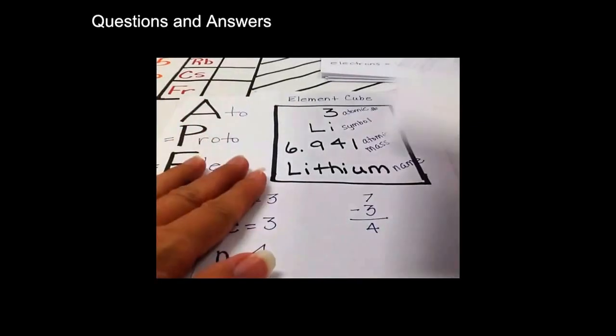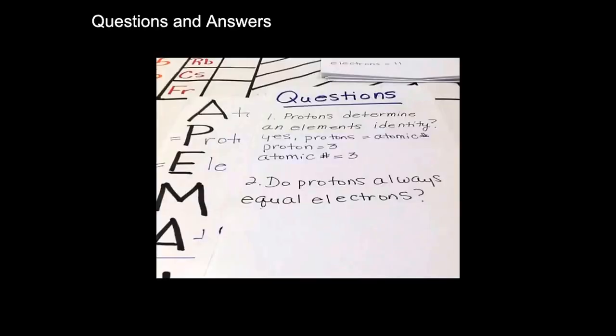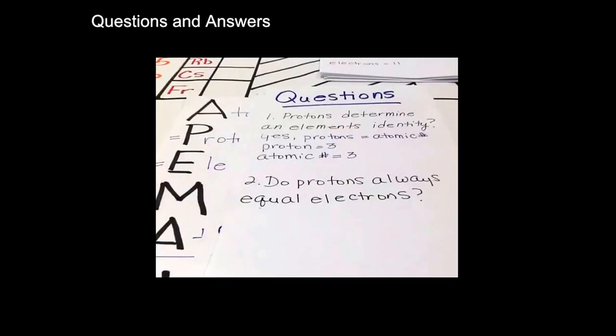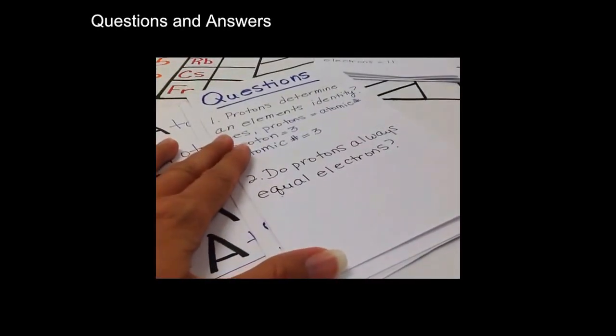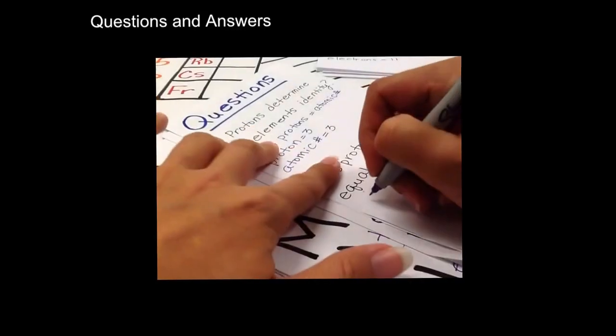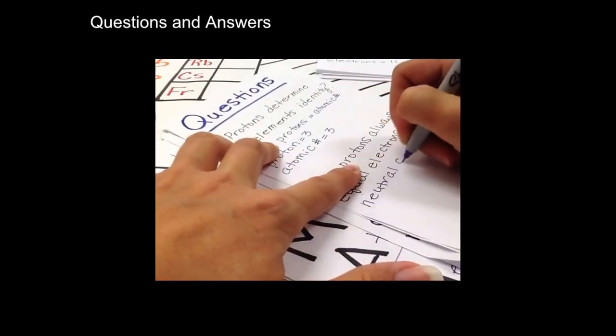Second question. Do protons always equal electrons? The answer to this is a little bit more complicated. If we look at the elements on the periodic table, then the answer would be yes, because all the elements on the periodic table have what we call a neutral charge.